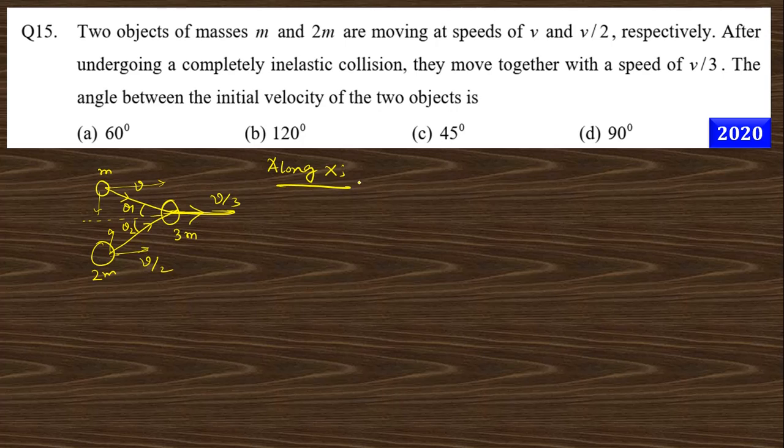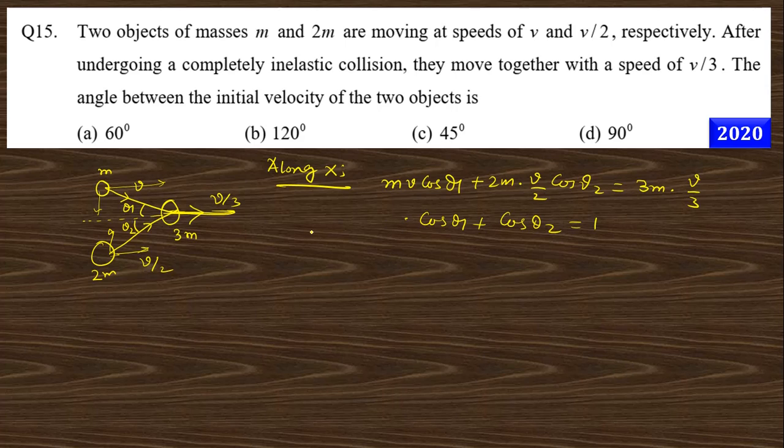So this will be nothing but mv cos theta 1 plus 2m into v by 2 cos theta 2 will be 3m into v by 3. Very simple. So m and v cancel out, so cos theta 1 plus cos theta 2 will be 1.